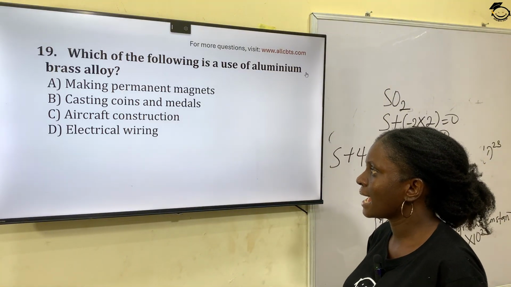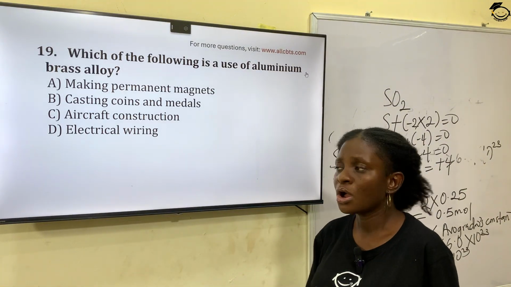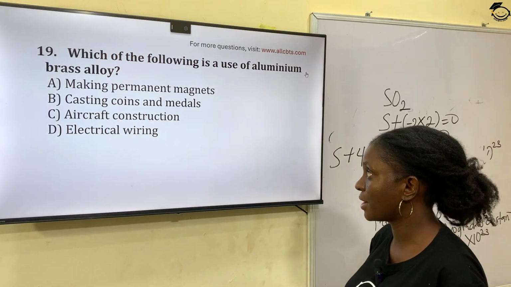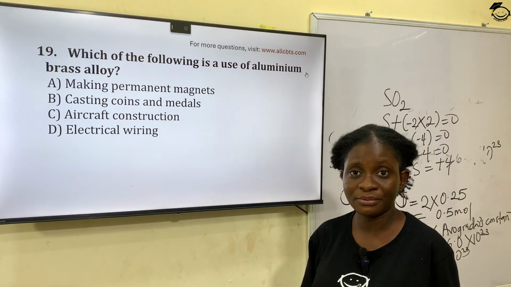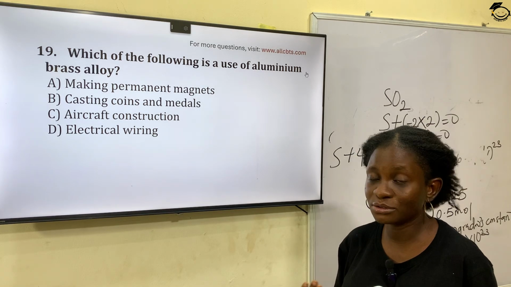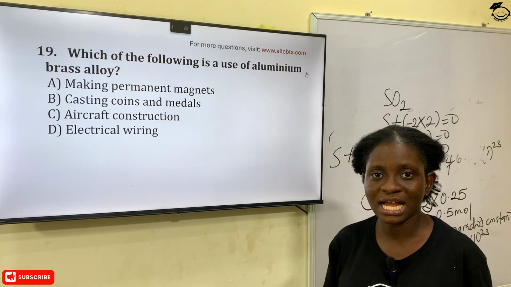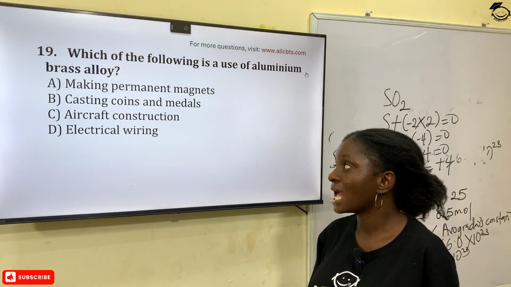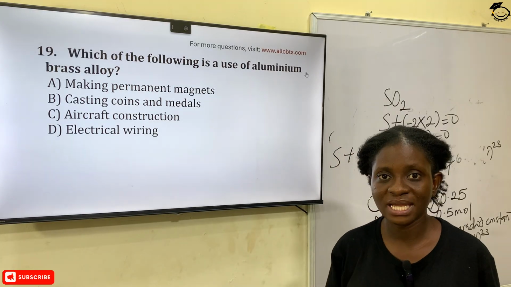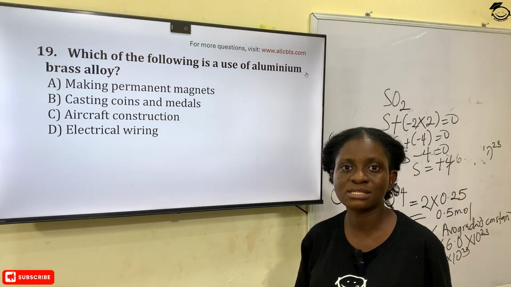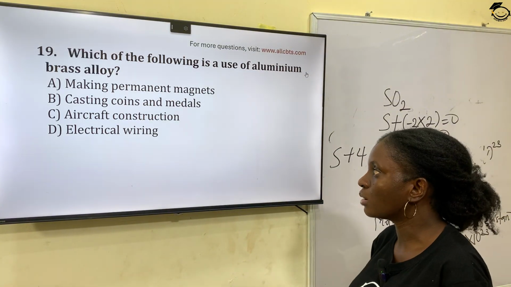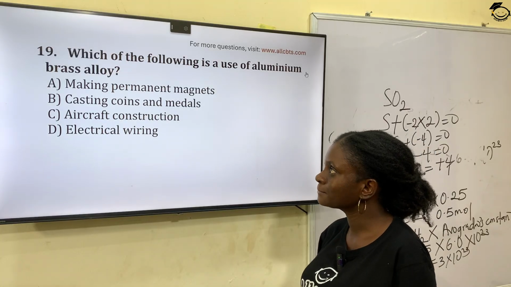Option C, aircraft construction. Option D, electrical wiring. So aluminium brass alloy is used for casting coins and also used in medals because it doesn't rust easily. So option B is the correct answer.